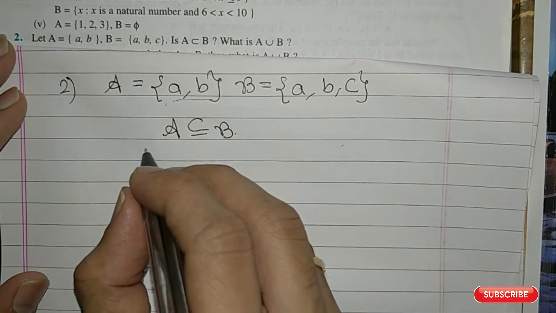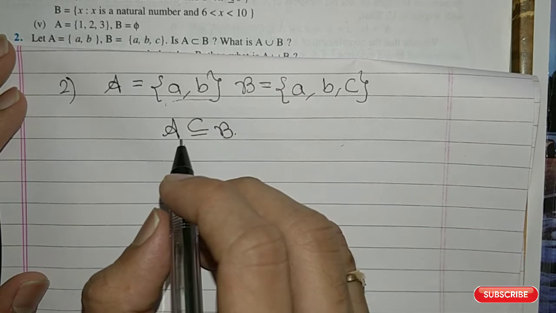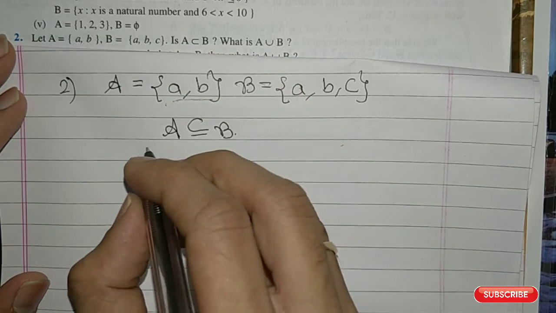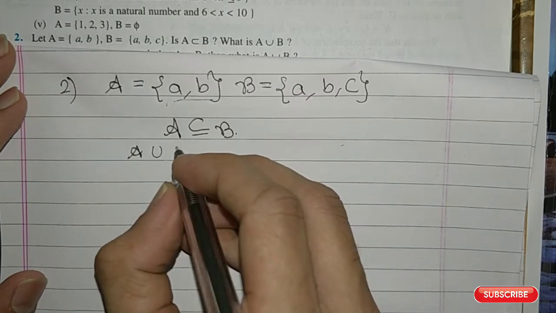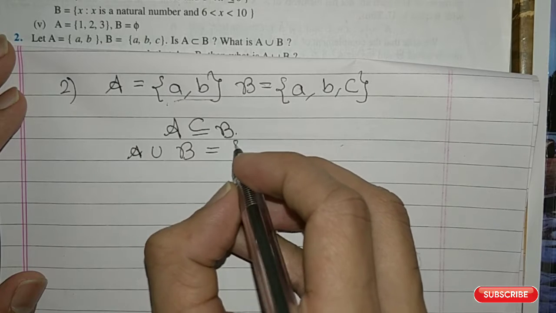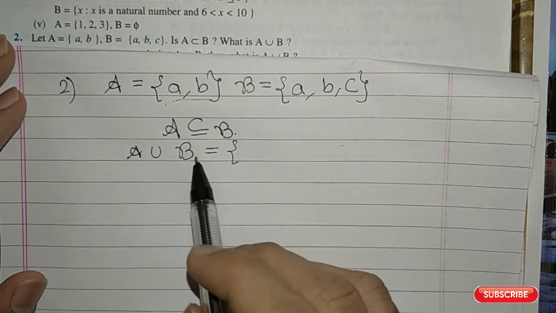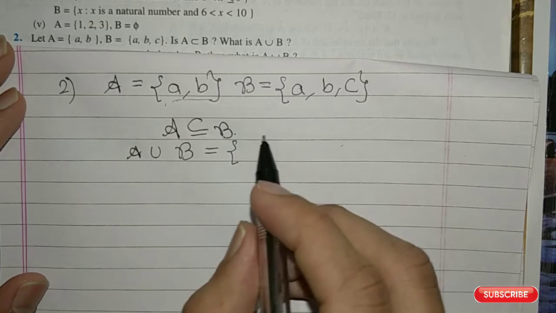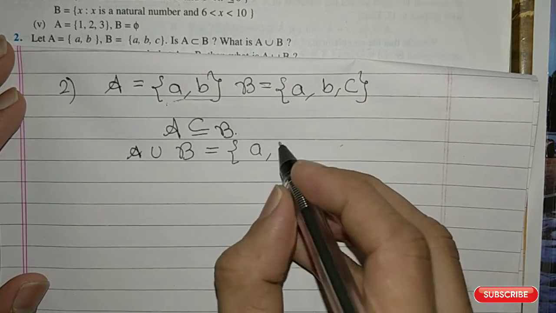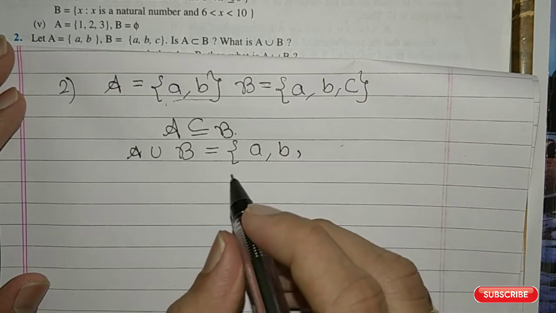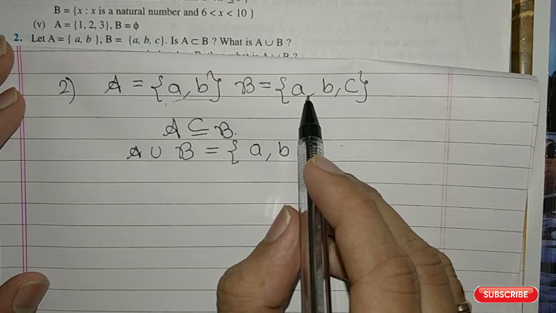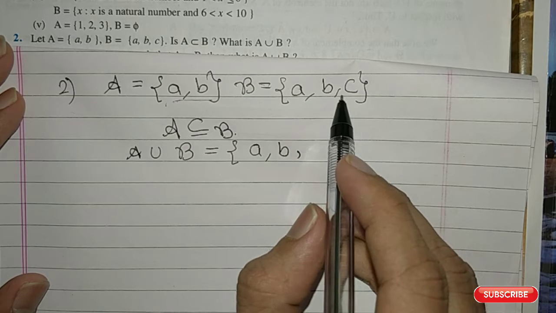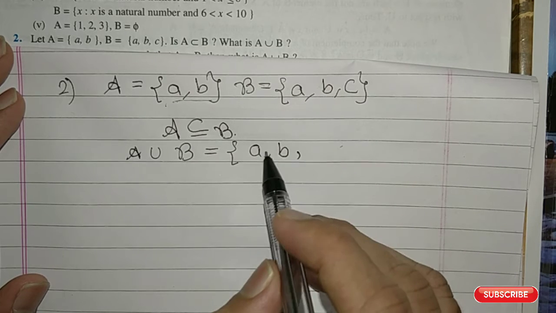Now the second question is, what is A union B? How do you have to take the union? You have to first write all the elements of the first set, so that is a, b. And then you have to go to the second set and write all the elements of the second set. Now you can see here a is already written.